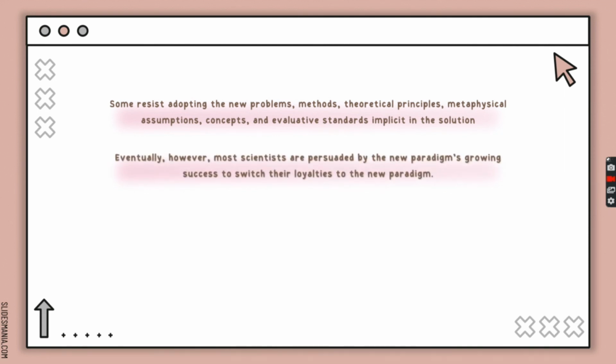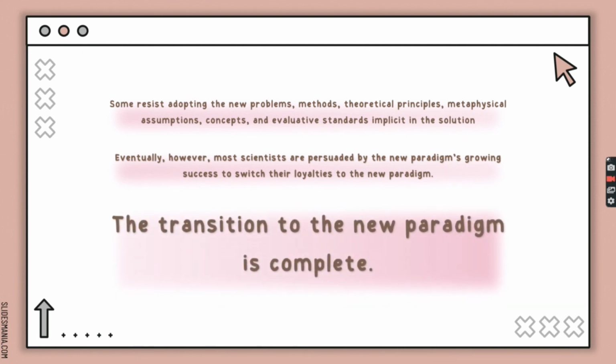Eventually, however, most scientists are persuaded by the new paradigm's growing success to switch their loyalties to the new paradigm. Those who do not may find themselves ignored by members of the scientific community or even forced out of that community's power structure. Those who hold out eventually die. The transition to the new paradigm is complete.